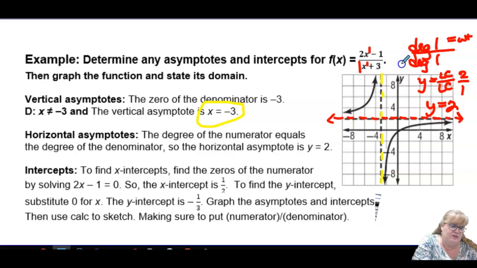All right, then we want to finish graphing it. So we look for some key points. If you plug in a 0 here, you get negative 1 over 3. So 0, negative 1/3. Because, guys, when this is 0, that's all that's left is negative 1/3.